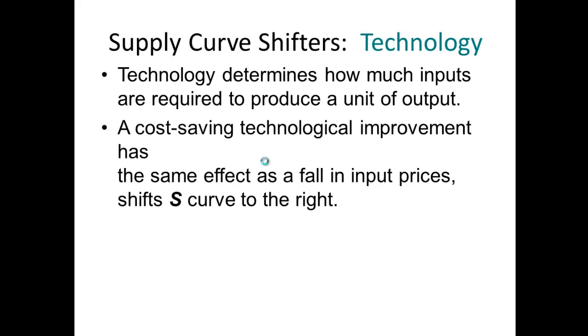The second supply curve shifter would be technology. When there is a change in technology, that will impact the supply curve. A good example of this, at the risk of telling my age, is that I remember when stores did not have self-checkout registers.